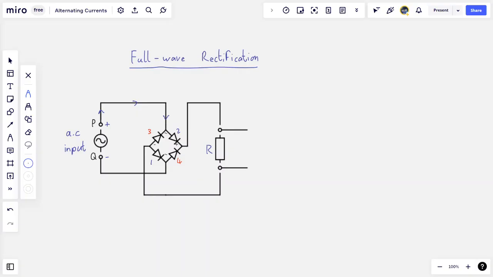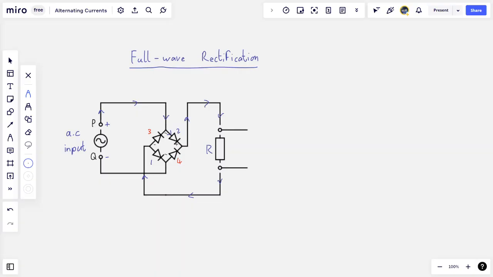It can't flow through 3 because that would mean going against the diode. It can flow through 2. So it goes through 2, and it can't flow through 4, which would be against the direction of the diode. It then continues through the resistor back into the bridge. Now, as it gets to the bridge, it can go through either 3 or 1, but it actually can't go through 3 because it would simply follow its same path.